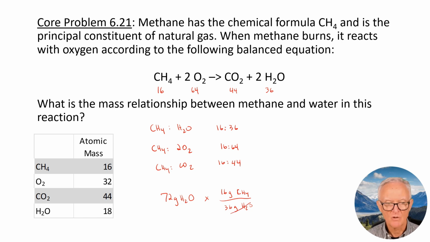So grams of water cancel. We're left with the uncanceled units of grams of CH4, grams of methane. If we do the math here, it turns out that we need 32 grams of methane to produce 72 grams of water. And we just get that by multiplying by the conversion factor that we developed from the mass ratio.